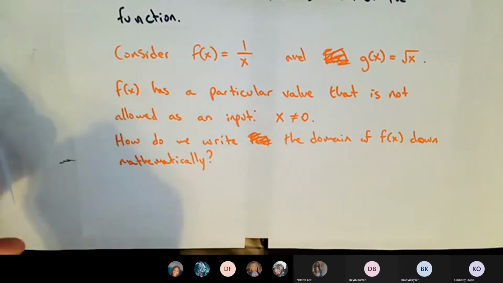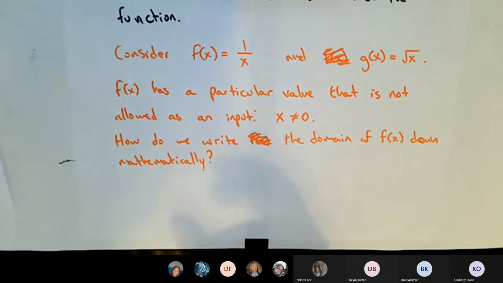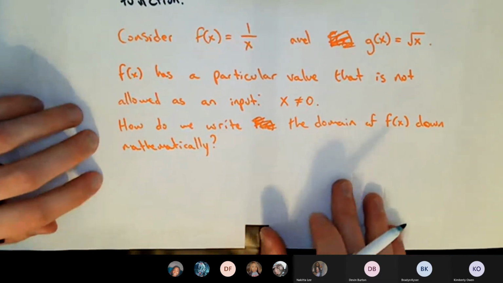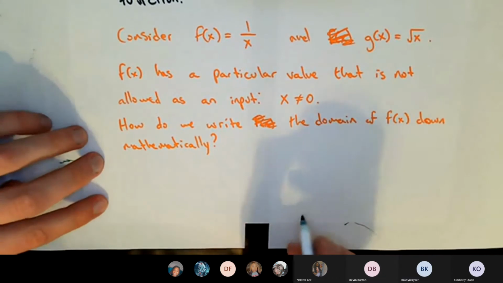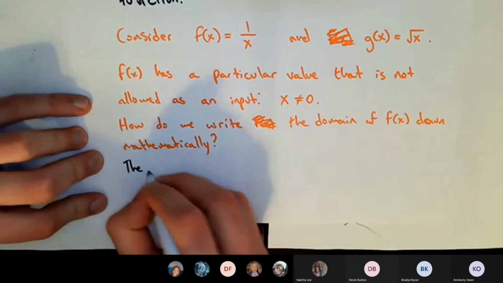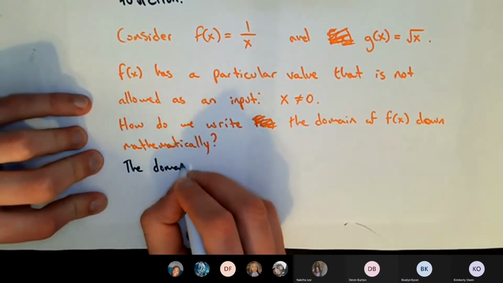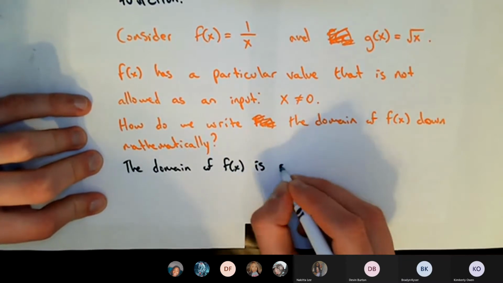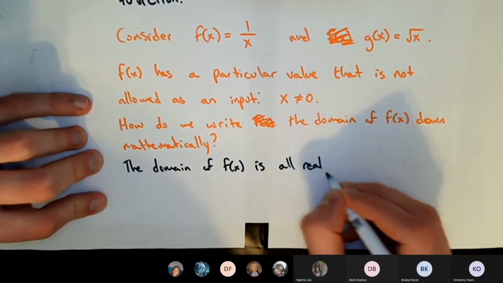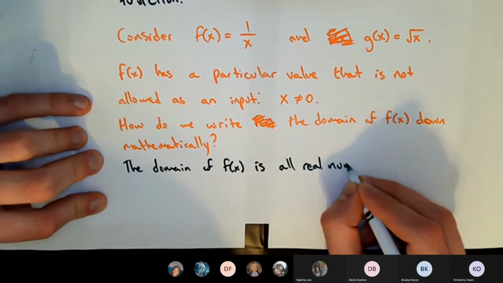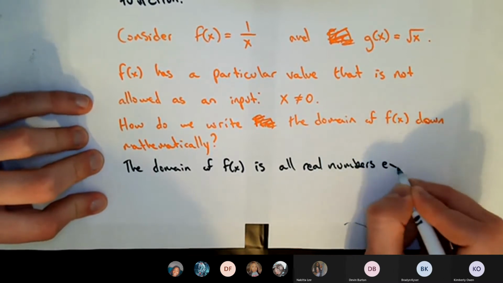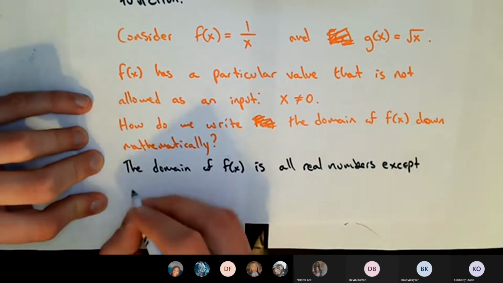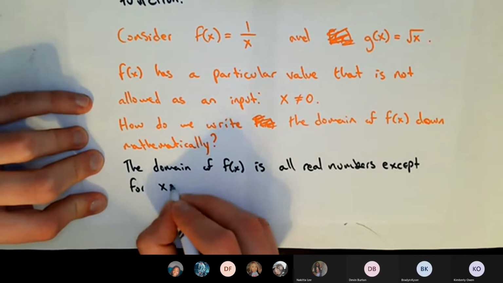In other words, I want to take the statement, the domain of f of x is all real numbers except for x equals 0.